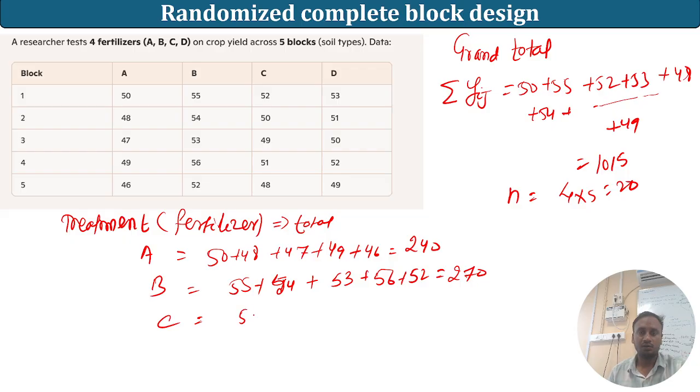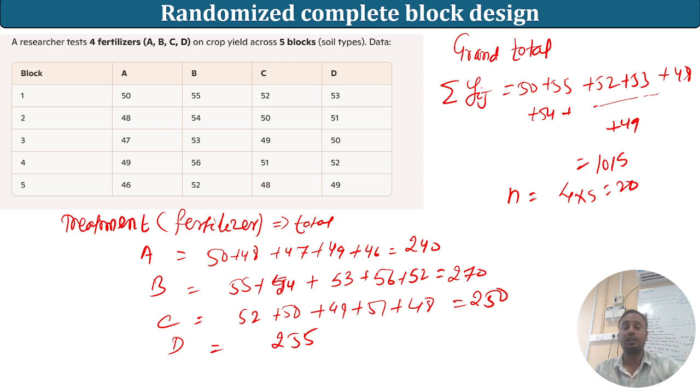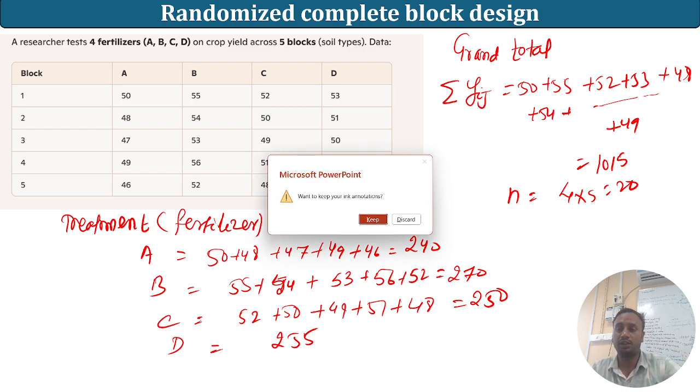C: 52, 50, 49, 51, 48, we have 250. D we take in a similar way, it came to 255.